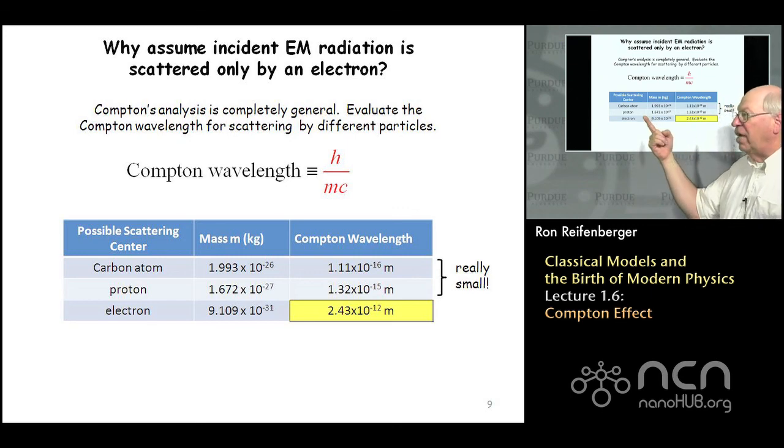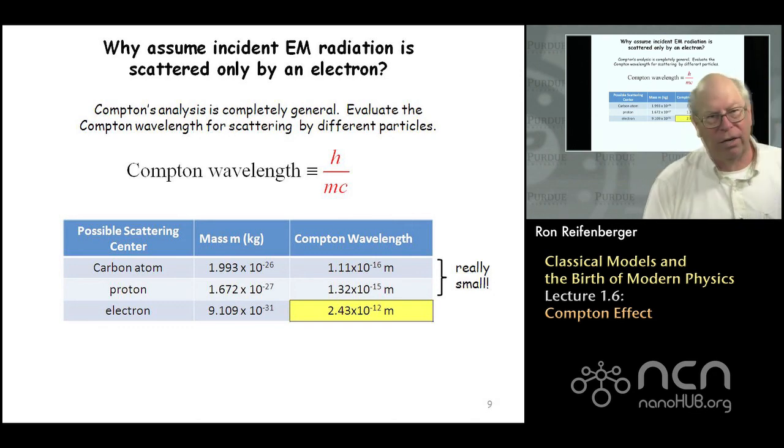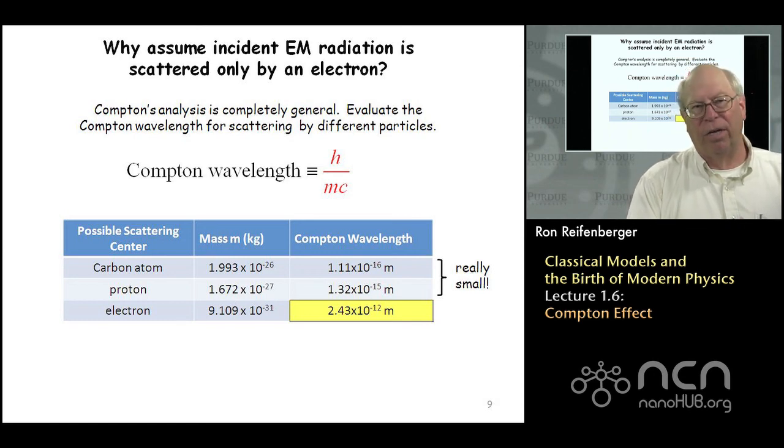You can come to the same conclusion for a proton, right? The situation's a little bit better, but you still get numbers on the order of 10 to the minus 15 meters, and wavelength shifts on the order of 10 to the minus 15 meters I don't believe can be measured experimentally.